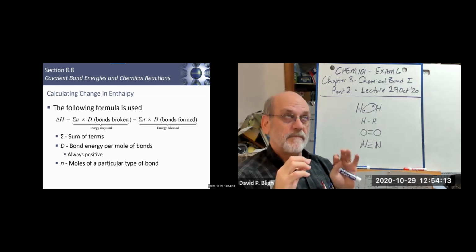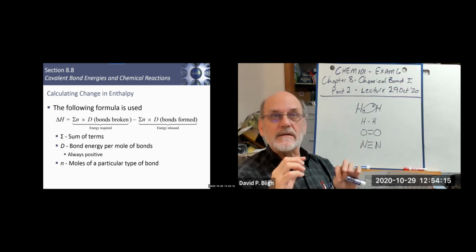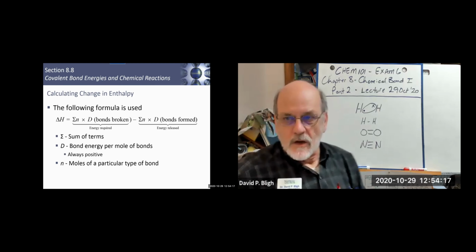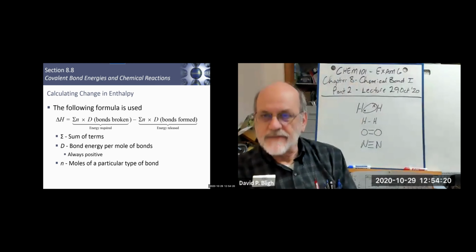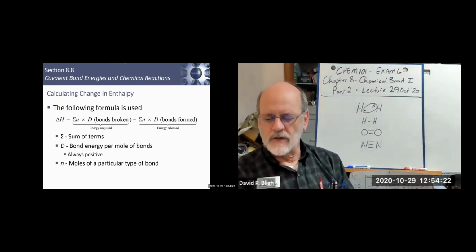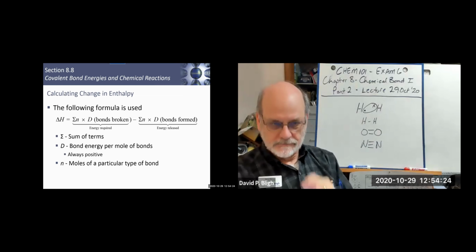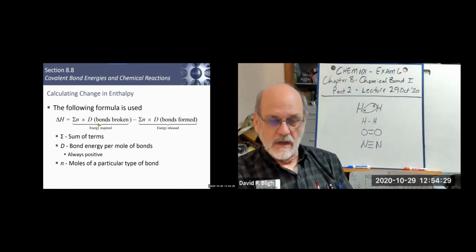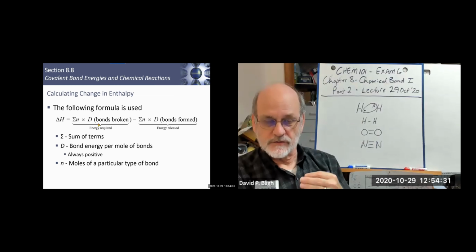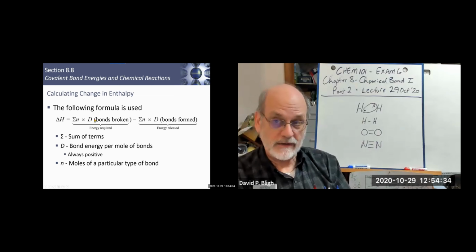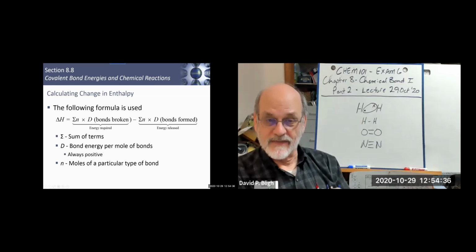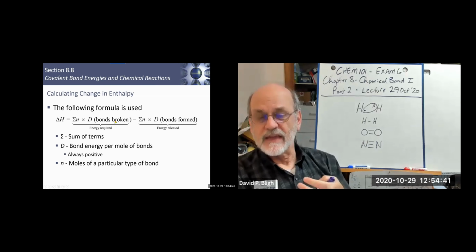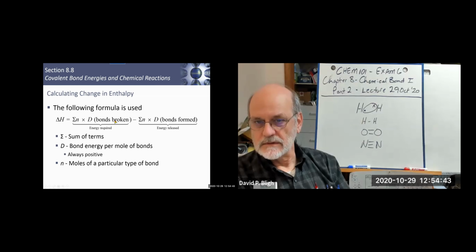We can predict the enthalpy of the reaction if we know the strength of the bonds. What we do is, in a balanced equation, we take the number of certain types of bonds that have to be broken, and we multiply them times the energy required to break the bonds. And then when we get the energy back, we subtract that energy.